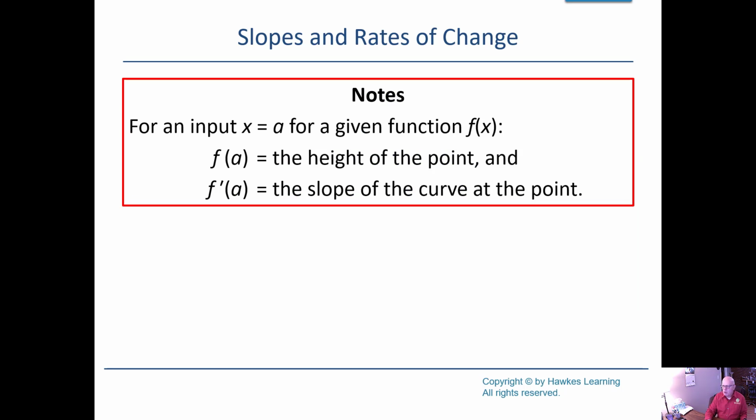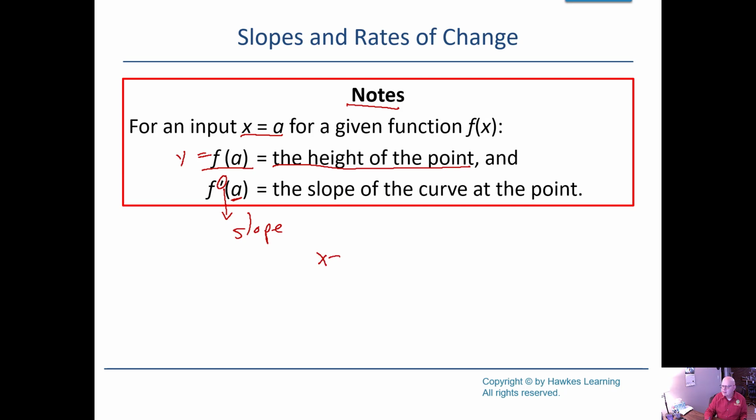Notice, very important, for x equals a is the height of the point. Remember, this is the y value. Don't lose track of that. The slope of the curve at the point is f prime of a, because f prime represents slope. The slope where? The slope where x equals a.